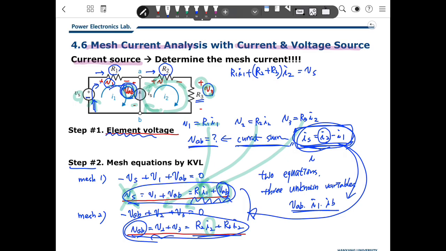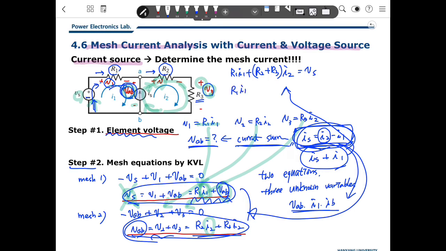V2 is IS plus I1, so we add that value here.